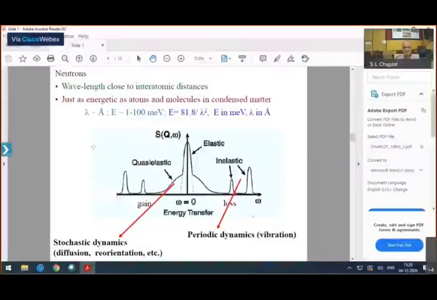As we have already discussed, for neutrons, thermal neutrons in particular, we have to be very careful. We are talking of thermal neutrons, not fast neutrons, which have energies in millions of electron volts. We call them thermal neutrons because these are neutrons which have been in thermal equilibrium with some matter around ambient or a little bit high or low temperatures.